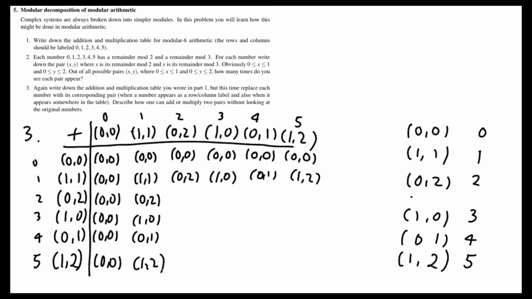Then when multiplying by 2, we simply go down this list 2 at a time, so it's 0, 0, 0, 2, 0, 1, and then back to 0, 0, because 2 times 3 gives you 6, which is 0 mod 6, 0, 2, repeating pattern, 0, 1, and then with 3 we just get 0, 1, 0, 0, 1, 0, and then 3 times 2 is 0 again, so it's 1, 0.